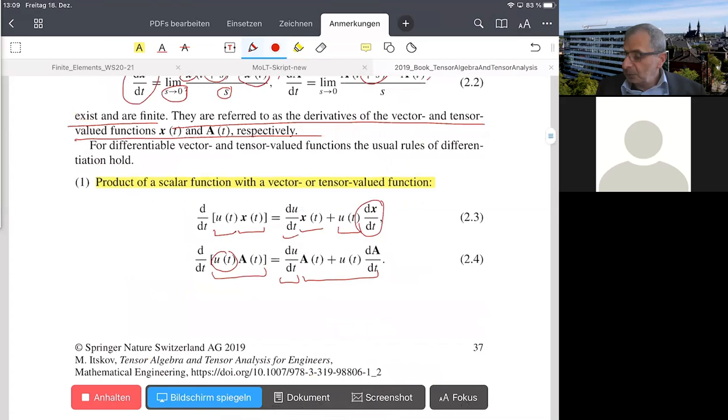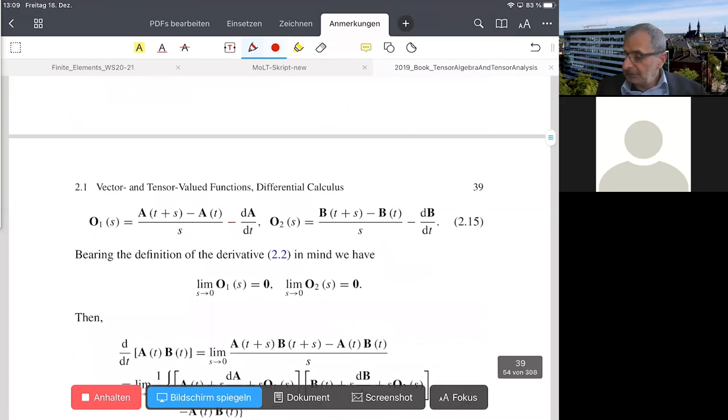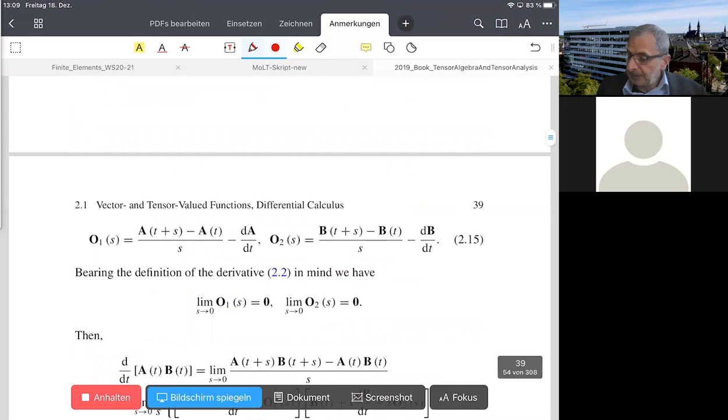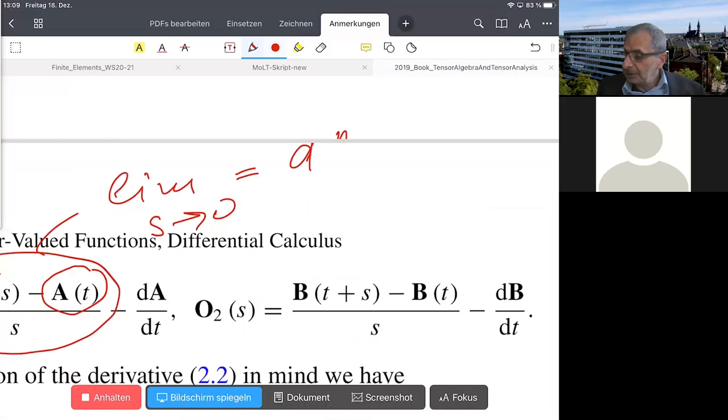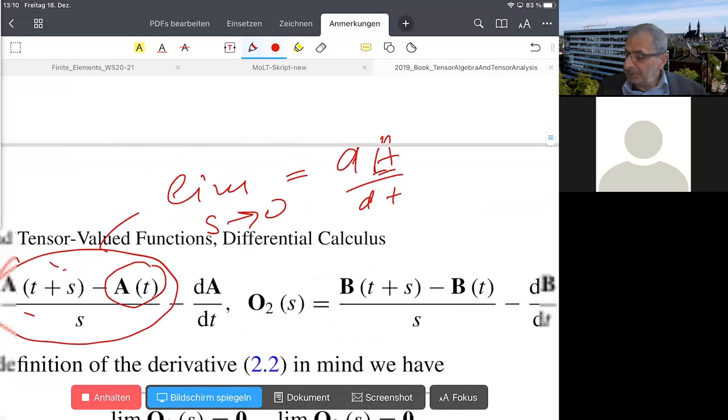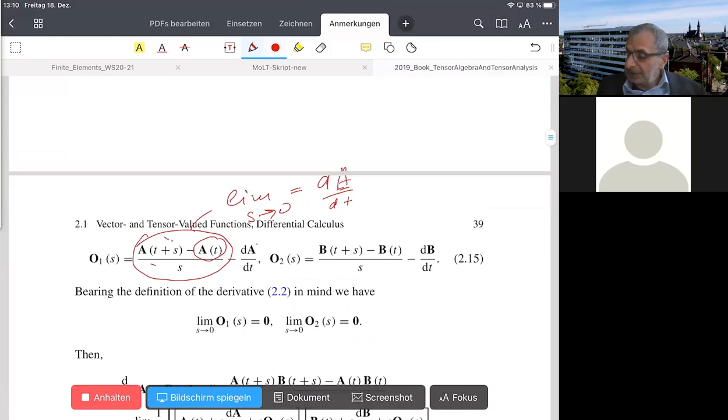To do that, we define some additional functions. You see what I do? I take the increment s of my function A, subtract the original function, and divide by s. If I take the limit at s tending to 0, I get exactly this derivative dA dt, right? But now I subtract this derivative immediately and define a new function.